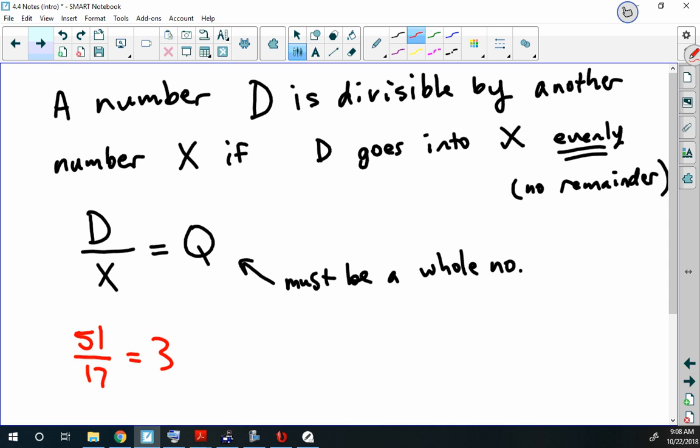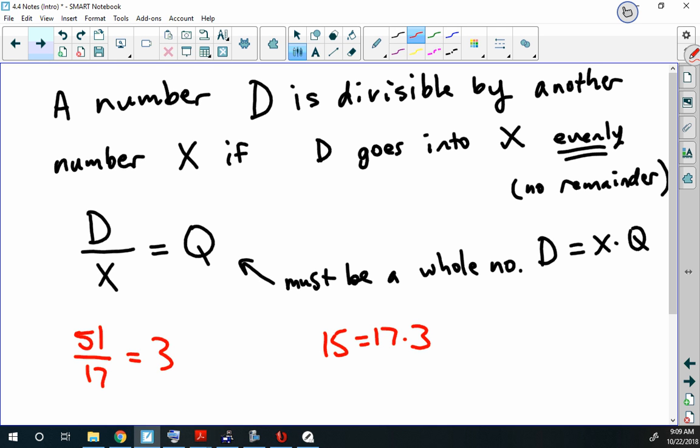So we could rewrite D as the product of x and Q, couldn't we? You see what's going on there? We could rewrite 51 as 17 times 3. This is interesting.